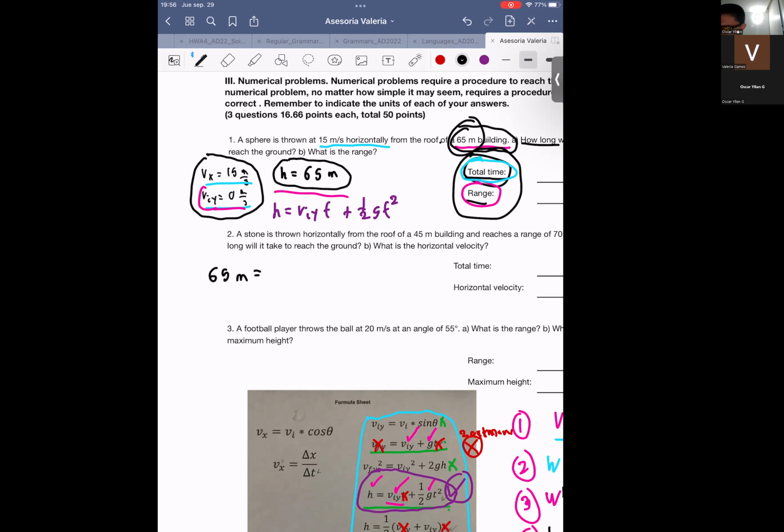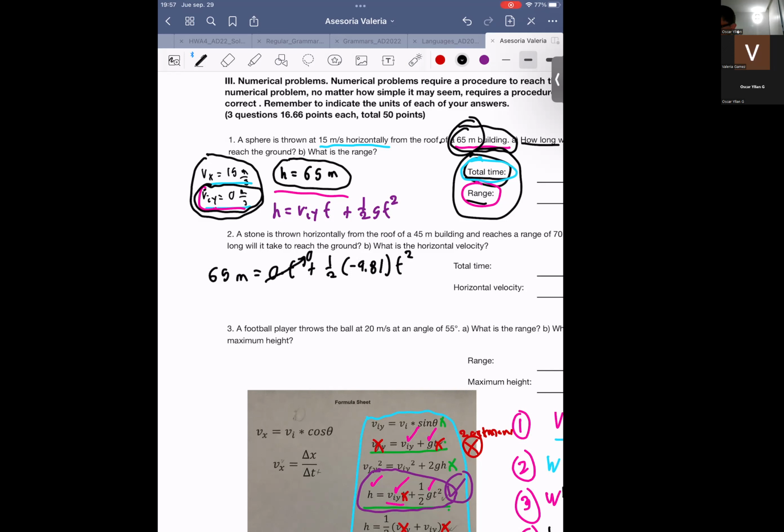VIY, what do we say that it was? 0. 0 times time, plus 1/2 of g. Well, g was minus 9.81, right? Yes. t squared. Well, 0 times time is going to be equal to 0, right?